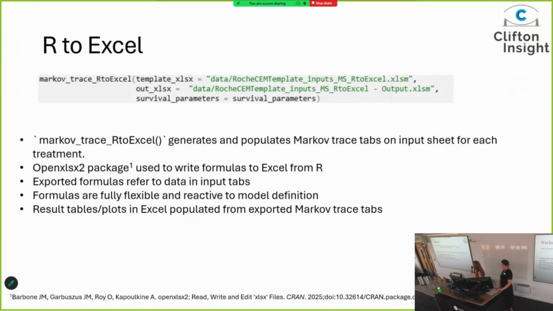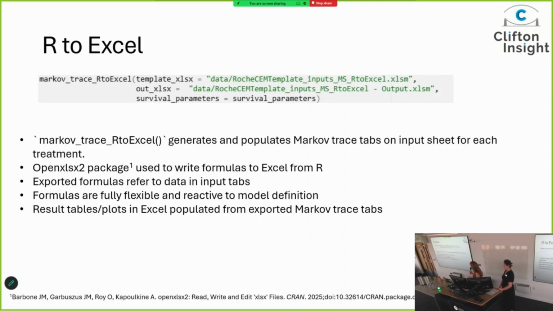And then there's the Markov trace R-HTA function, which adds to the input sheet by generating and populating the Markov trace tabs for each treatment. It uses the openxlsx2 package to write the formulas to Excel from R. The exported formulas refer to the data in the input tab, so it means that the R code and the Excel model are using the exact same inputs.